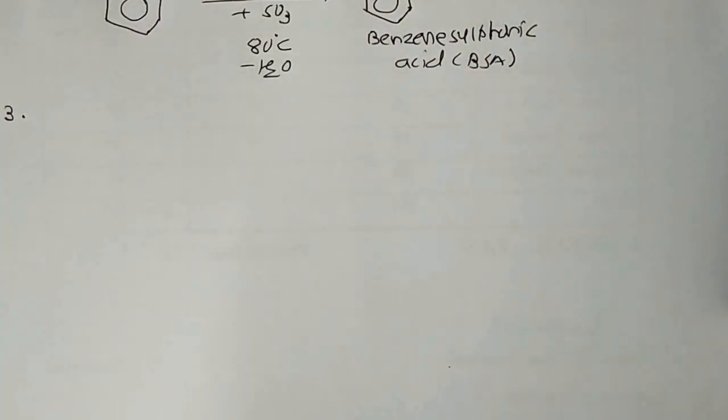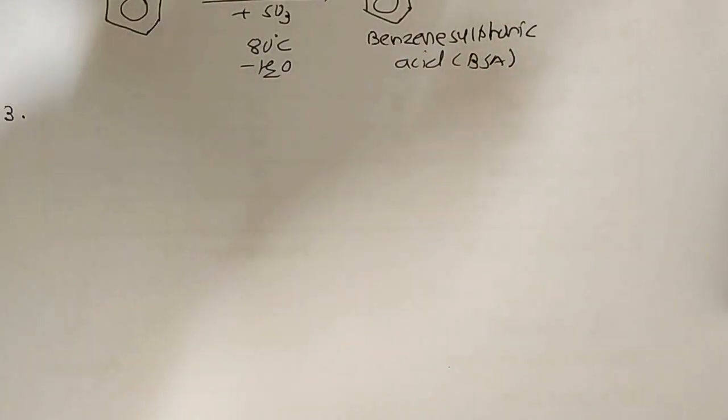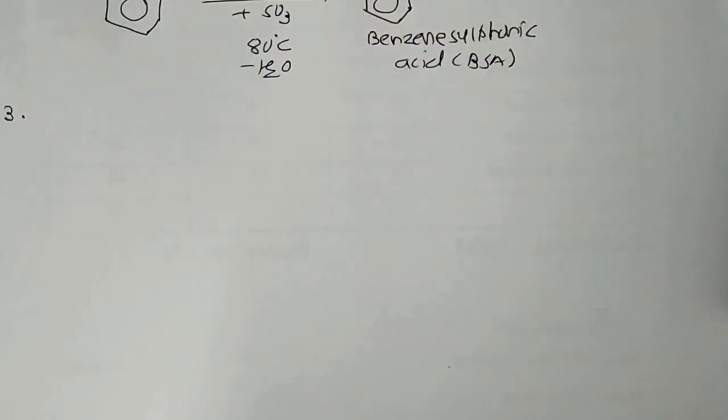Now number 3 is the halogenation reaction. In halogenation reactions, we can react with fluorine, chlorine, bromine or iodine. But we know that fluorine is highly reactive in nature, and iodine, due to its size, is very passive.